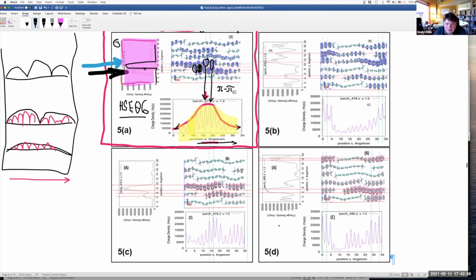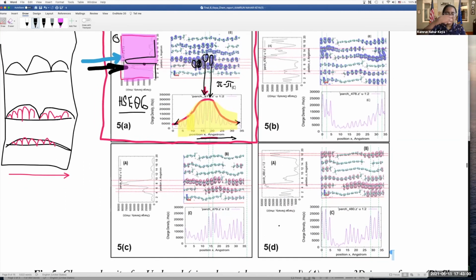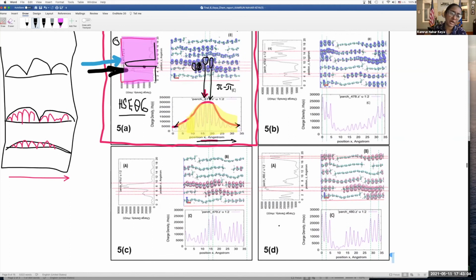Okay. Can we go to the next? And 5D, it's LUMO plus one orbital. And here we are able to see that it's similar to the LUMO.